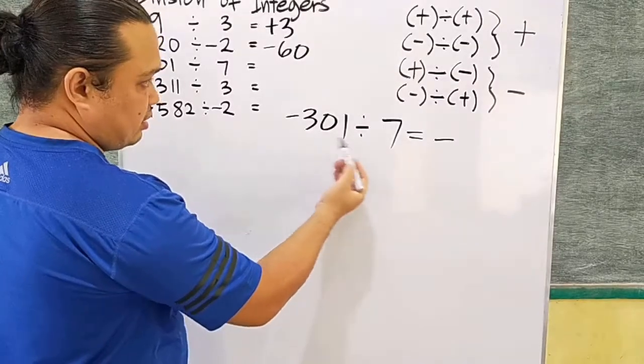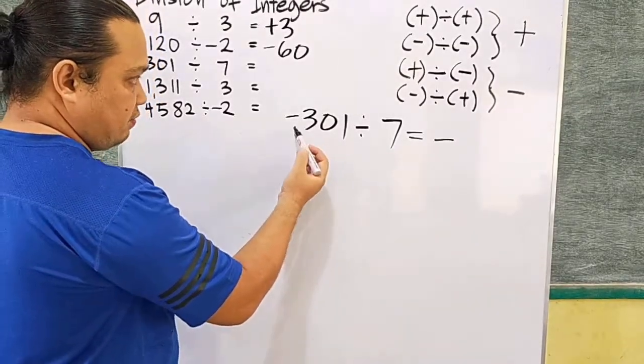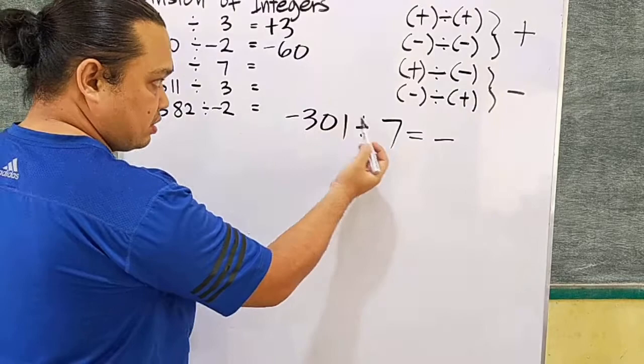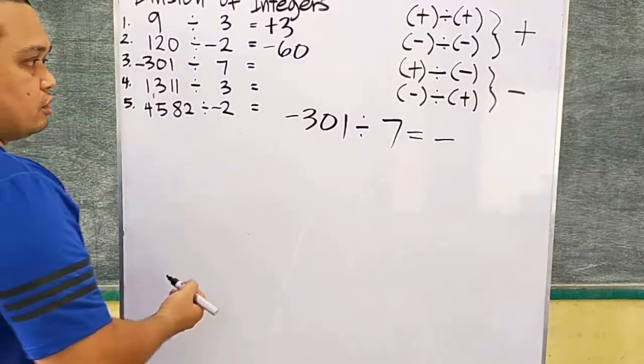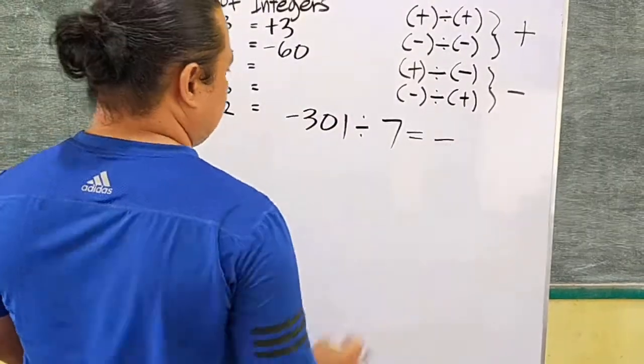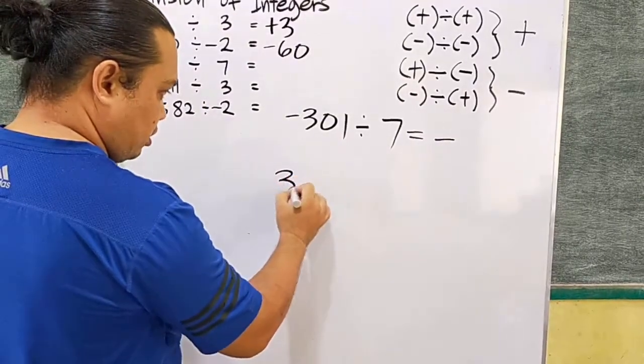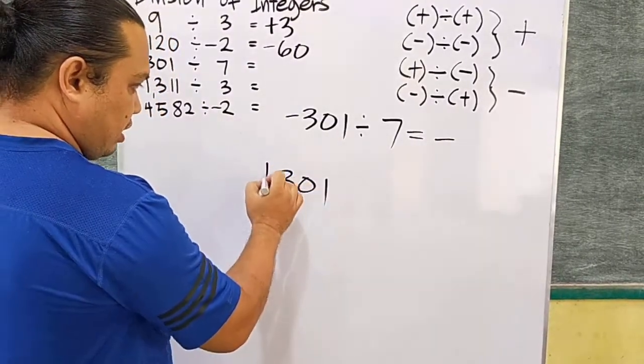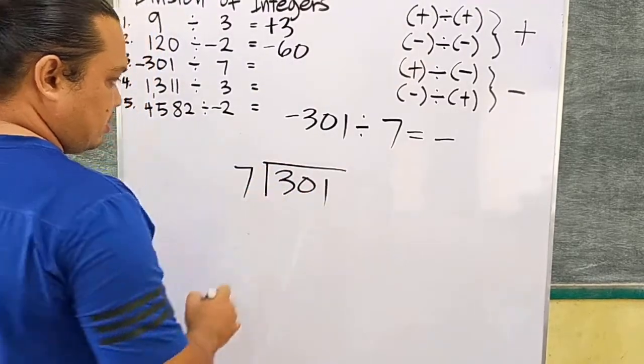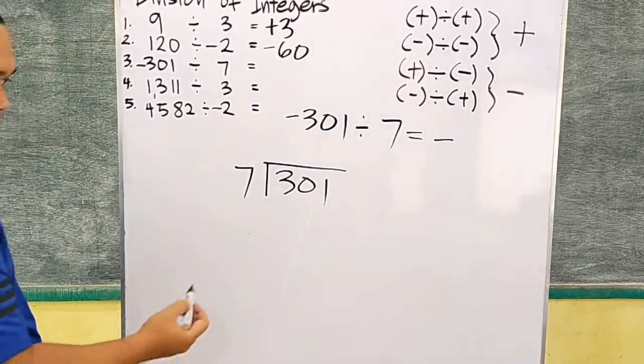Why? Because we are dividing unlike integers, a negative and a positive integer. Okay? So our answer will be a negative. Now let's divide the integers just like whole numbers. We have 301 here, and we have here 7. Okay, so let's divide.